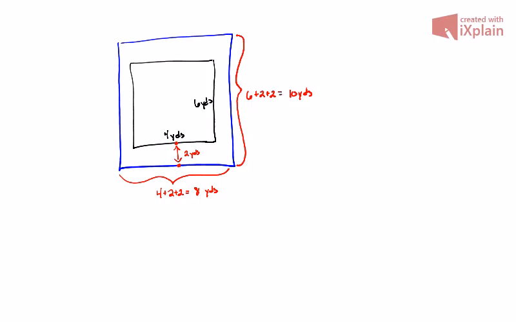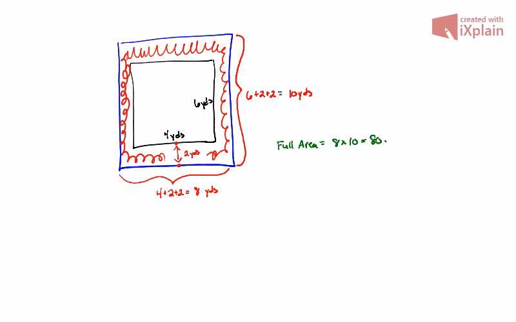We had said that the area of just the sidewalk, so in other words, again, what I'm kind of coloring in red here, this was supposed to be 56 square yards. So let's make sure that that does actually happen here. So if we were to do the full area, so my full area is going to be equal to 8 times 10. So there's my 80 square yards.